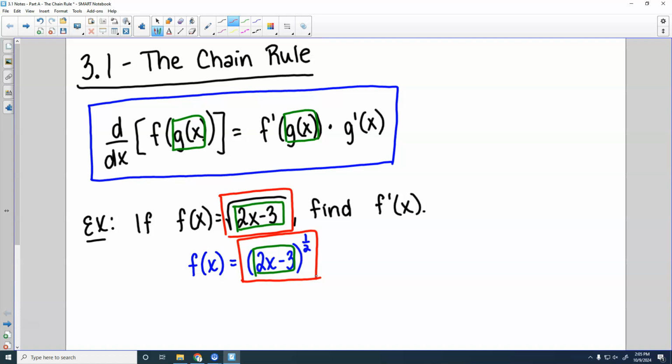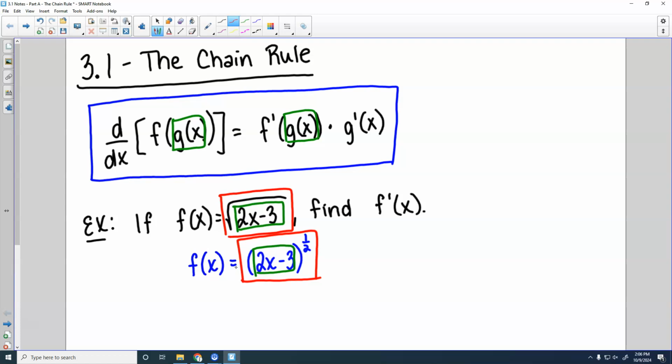So if you have that situation, you have to unwrap the big box on the outside first to get to the smaller box on the inside next, and to the smallest box on the inside last. So you have to start on the outside and work your way in. If you think of the derivative as your unwrapping of the present here, we've got to take the derivative of the big box first, the outside function first.